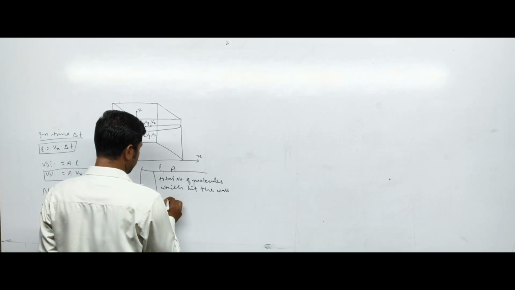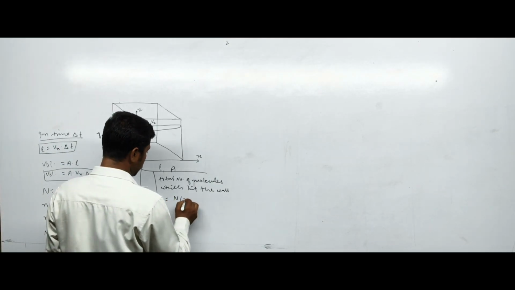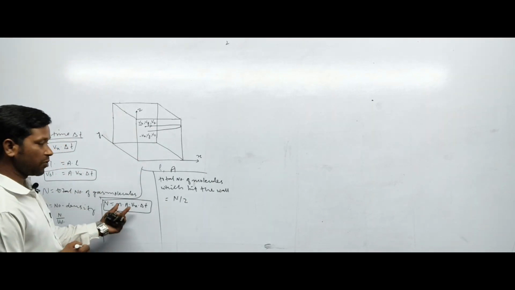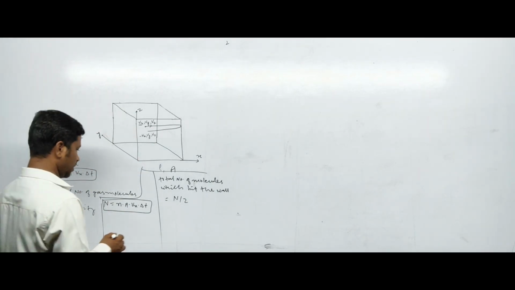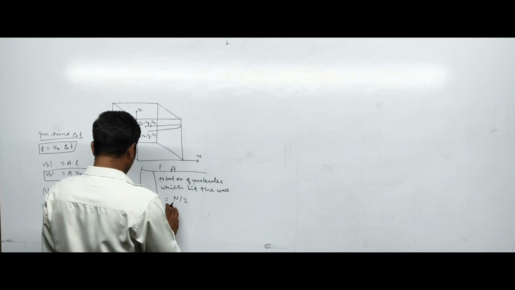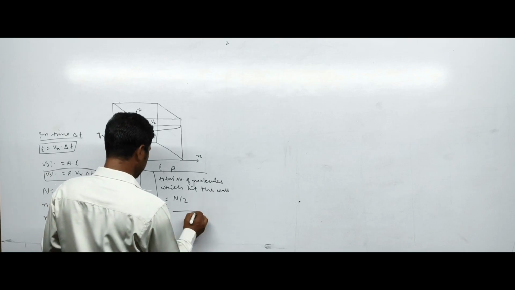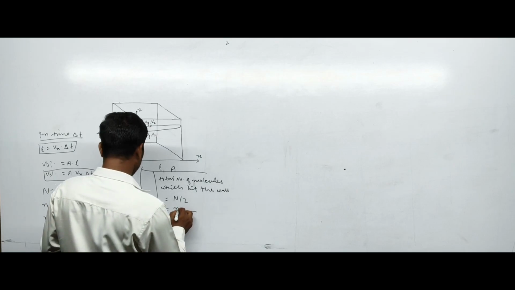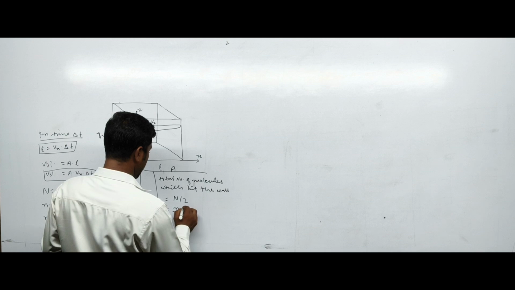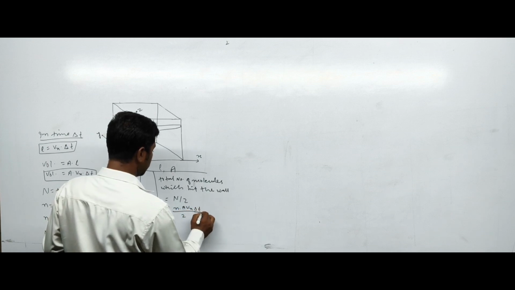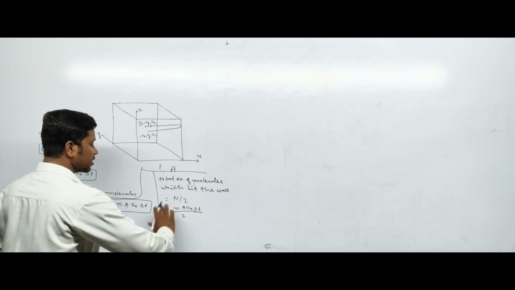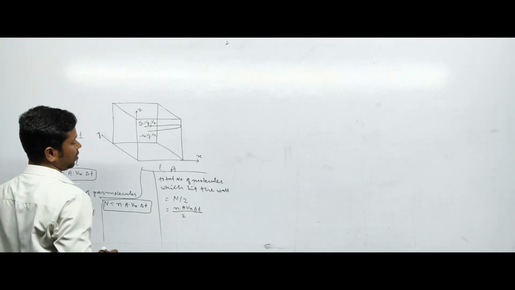That is N upon 2, half of the total number of particles. That means we get small n A Vx del T upon 2 as the number of particles that hit this wall.